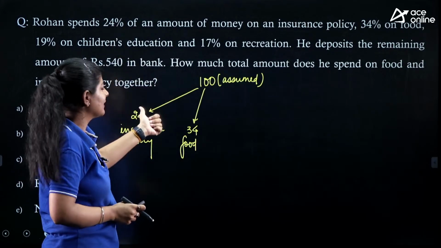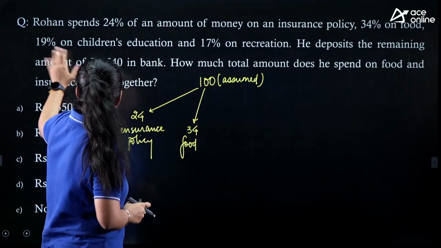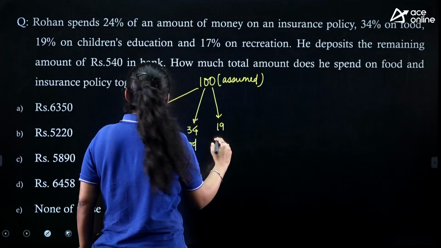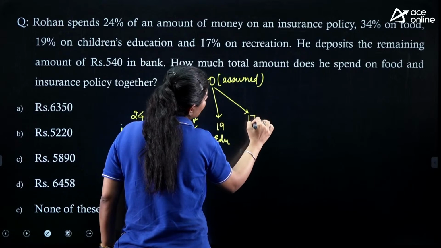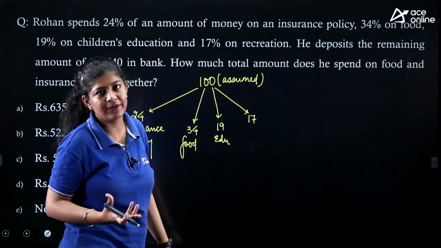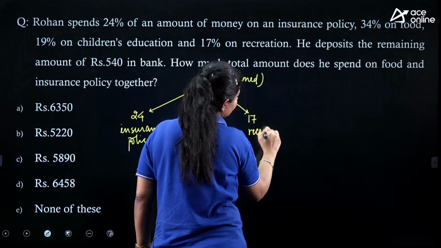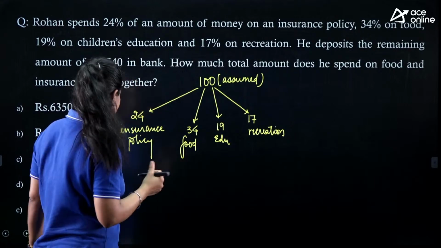24% of 100 is nothing but 24, 34% of 100 is nothing but 34. Next, 19%, that means 19 rupees on children's education, right? Next, 17% of 100 is nothing but 17 rupees on recreation, right? Now, how much money is he left with?